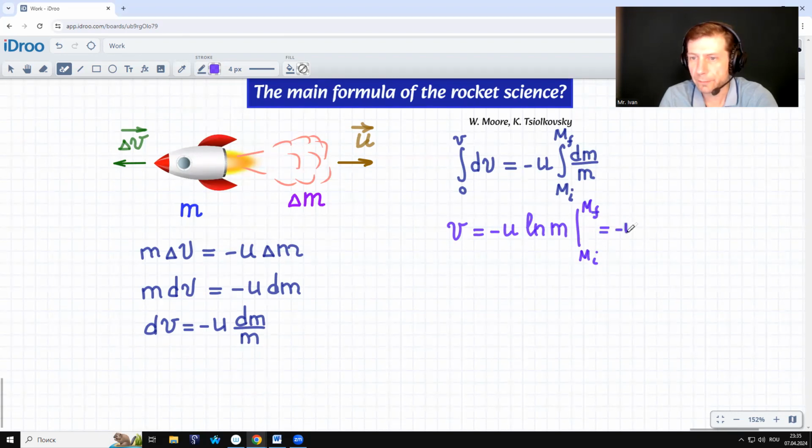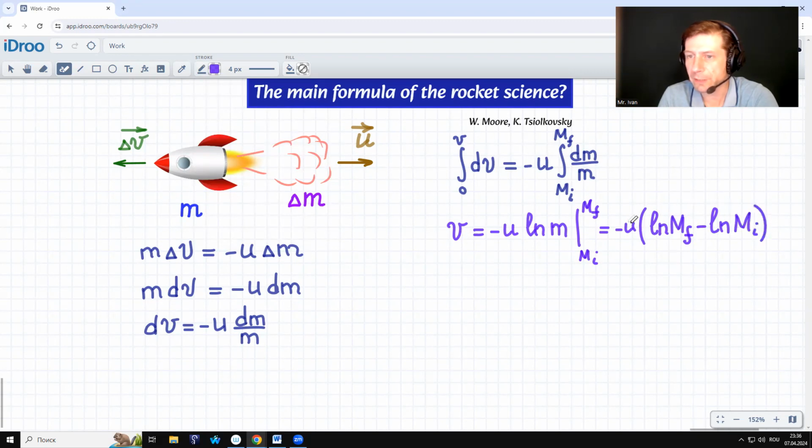Let's adjust it, and then we get ln of the final mass, which is less than the initial because fuel is being burned, and minus ln of the initial mass.